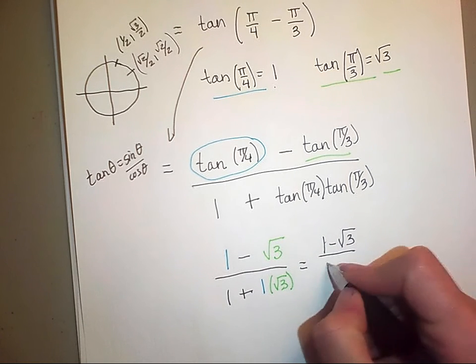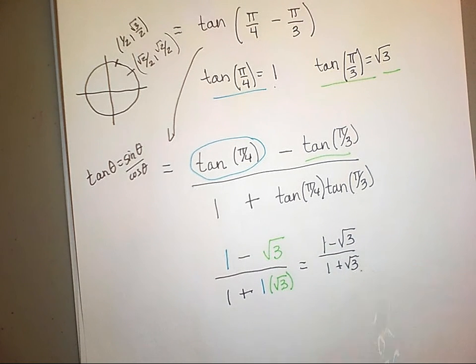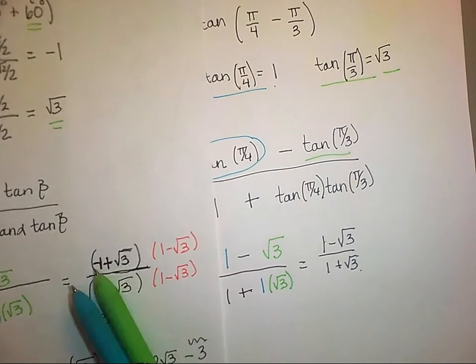So this is 1 minus the square root of 3 over 1 plus the square root of 3. And I think that's exactly the one we just did, is it not? It turns out to be the same.